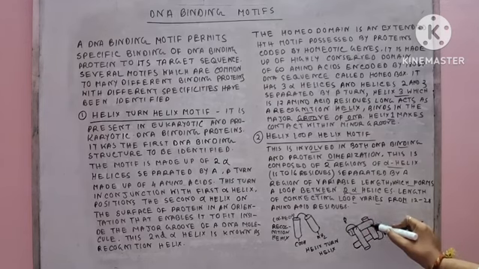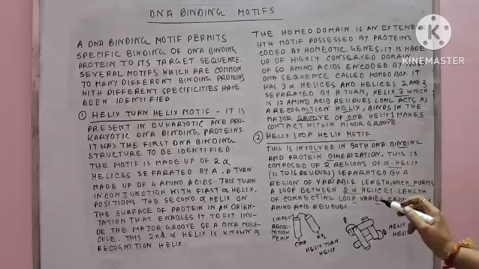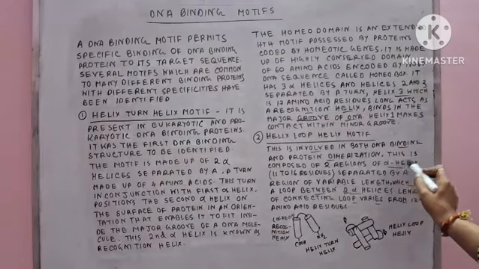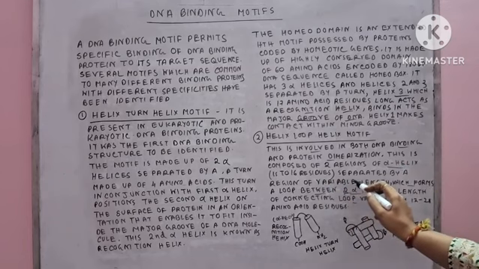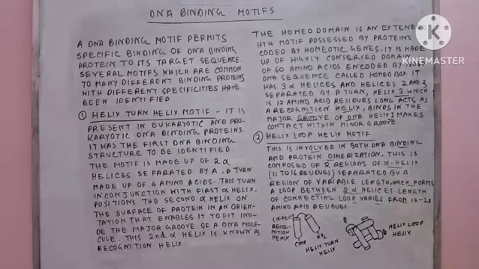And you can see here this one and this one are attached with the beta turn and making a loop with each other. Clear? So this is saying that the alpha helices are separated by a region of variable length, which forms a loop between the 2 alpha helices.